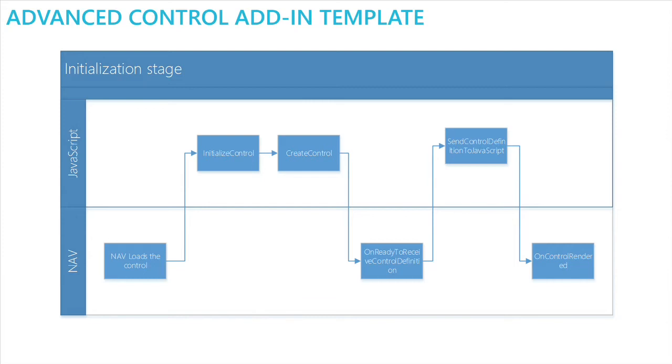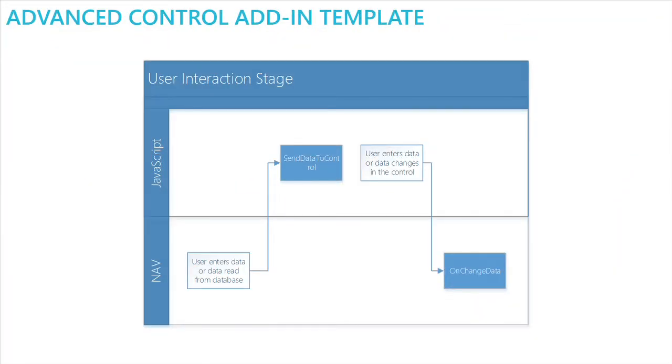So at that stage, essentially this send control definition puts whatever you pass into it directly into that page. And then it calls the onControl rendered. It tells your CL, okay, now I've done my job, now you're ready to talk to me. That's the initialization stage.